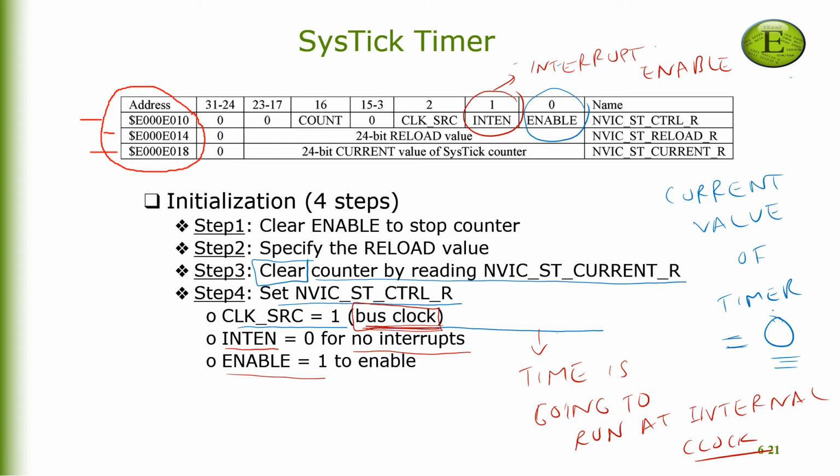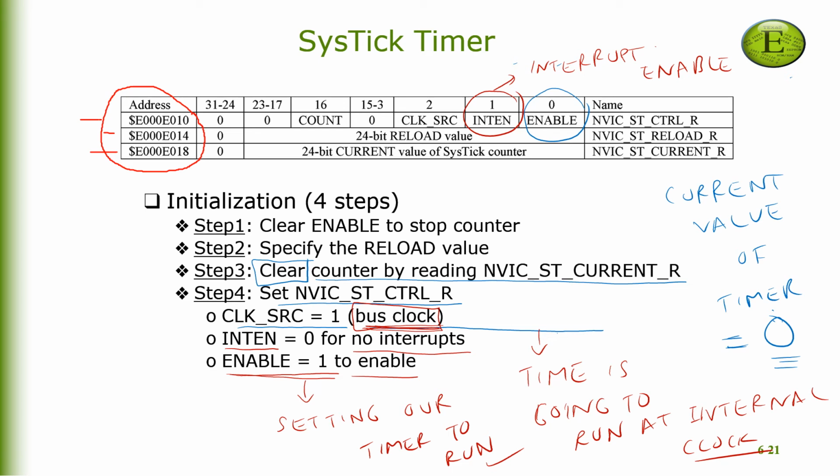Enable bit equal to 1 means that we are now setting our timer to run. So as soon as you set this enable bit equal to 1, it is now allowed to run, and it can now start decrementing.